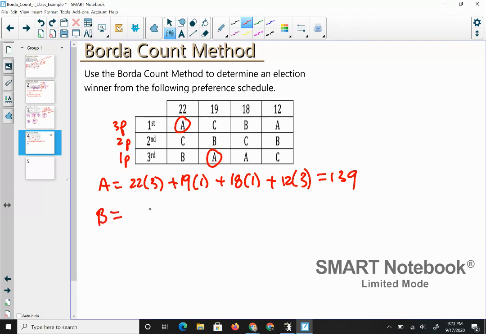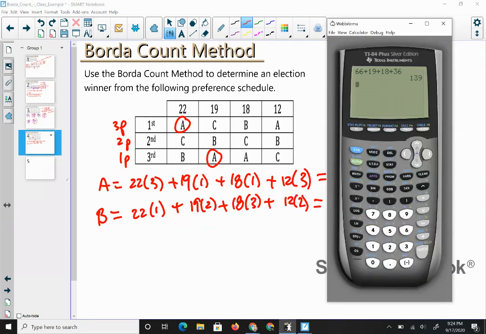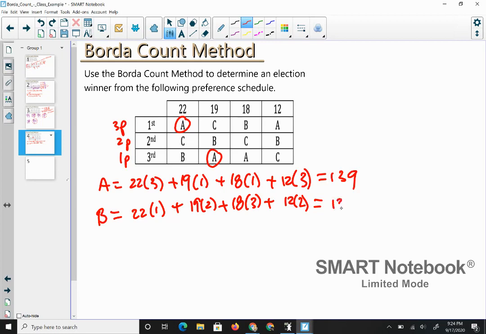B has 22 votes at 1 point, 19 votes at 2 points, 18 votes at 3 points, and 12 votes at 2 points. That's 138 points. Ooh, that was close. It's a 1-point difference.